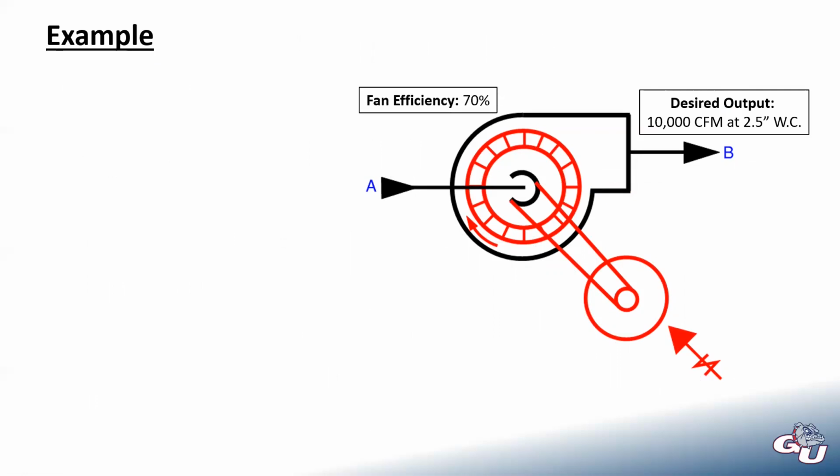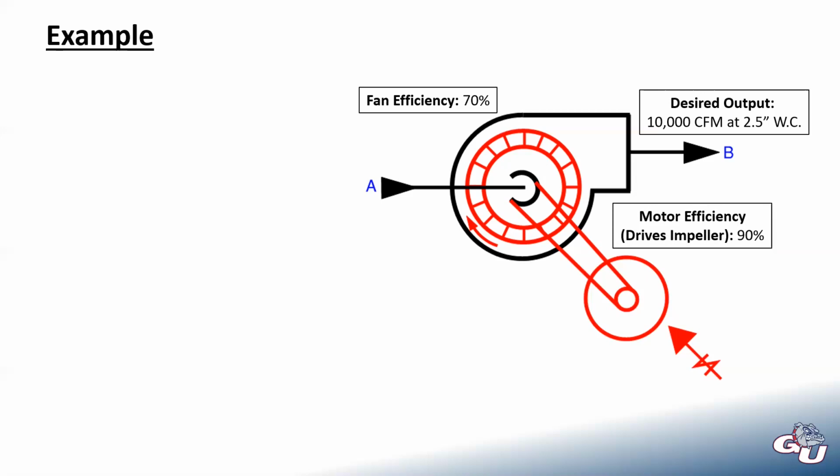The fan efficiency, or the impeller efficiency, whatever you want to call it, is 70%. So that means for every watt you put into spinning that impeller, you'll get 0.7 watts of useful output out of it. And let's say the motor efficiency that is driving our impeller, that's 90%.